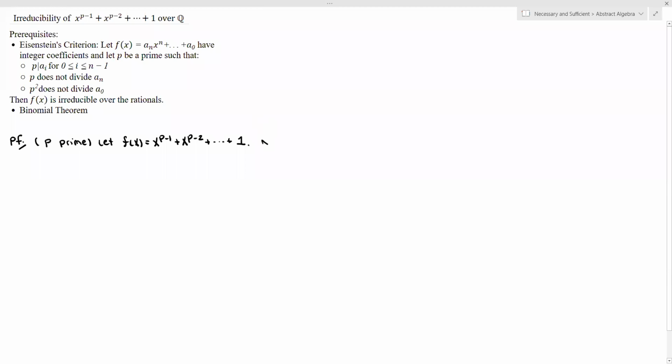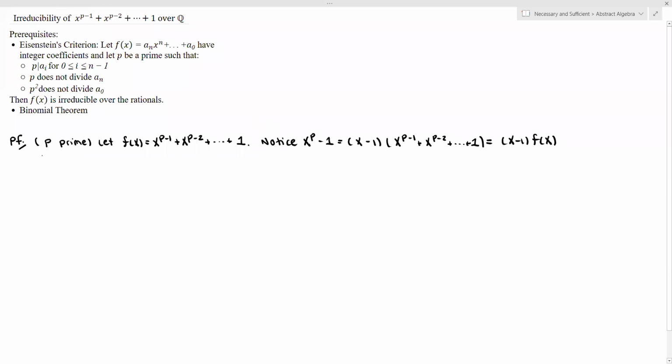But let's notice x to the p minus 1 factors as x minus 1 times x to the p minus 1 plus x to the p minus 2 plus ... plus 1. And of course, this is just the same thing as x minus 1 times f of x.